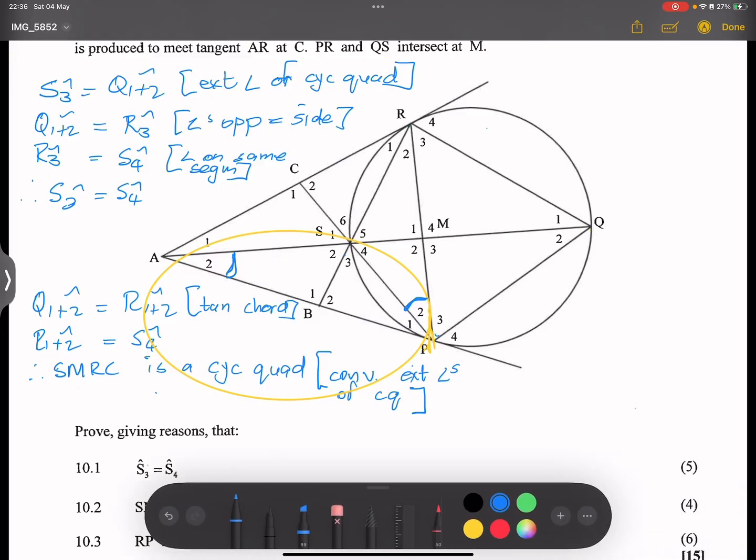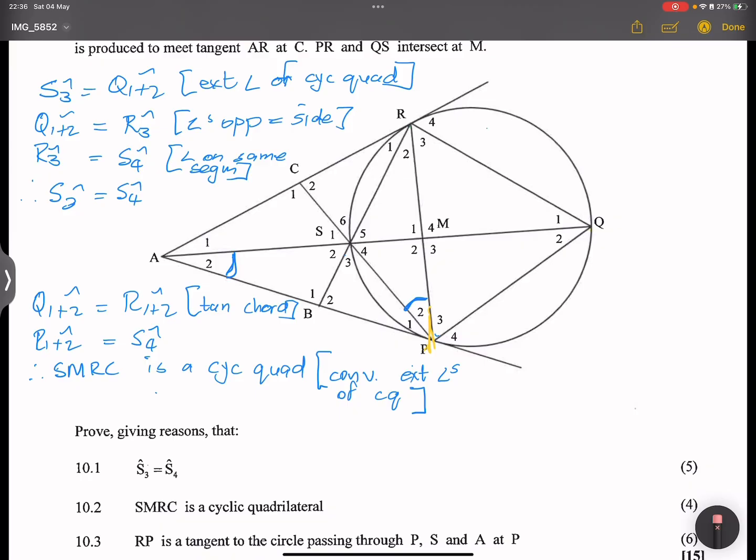Right, so now let's try to do so. If I look at what we've just done, let me start with S4. So in this triangle SAP, S4 would be the exterior angle of that triangle, right?